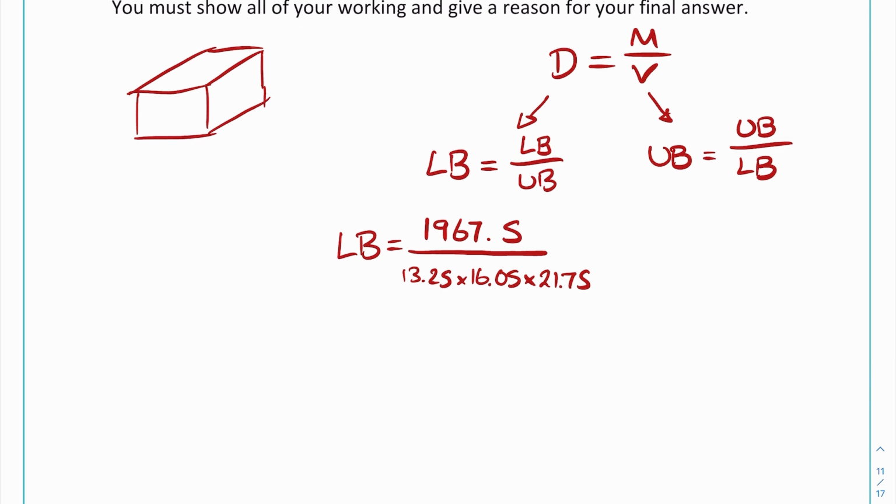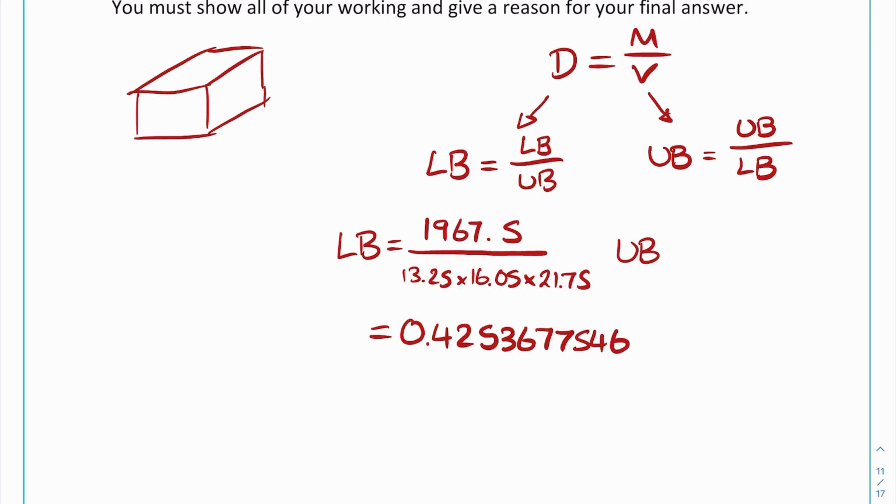So pressing my fraction button, 1967.5, and on the bottom 13.25 times 16.05 times 21.75, and just have a look and double check that you've not typed in anything wrong, because that's quite a lot to type in. And we get a lower bound of 0.4253677546. And there we go, there's our lower bound.